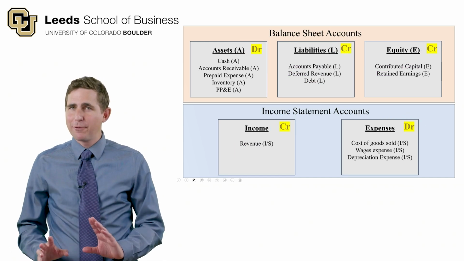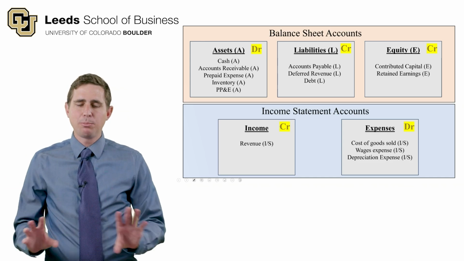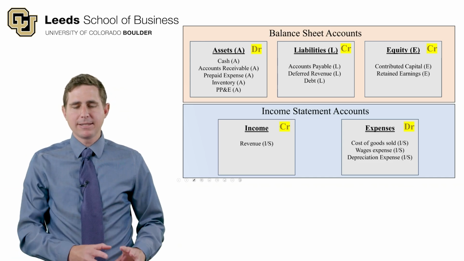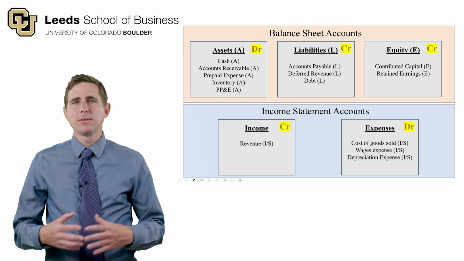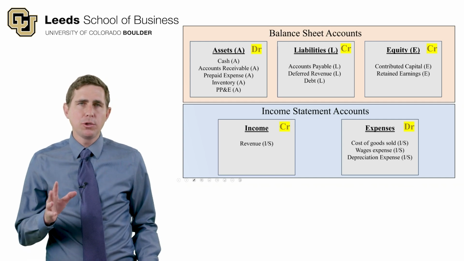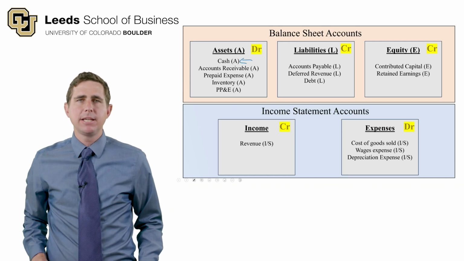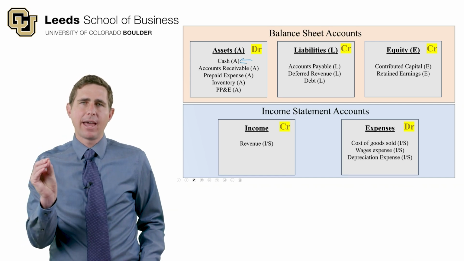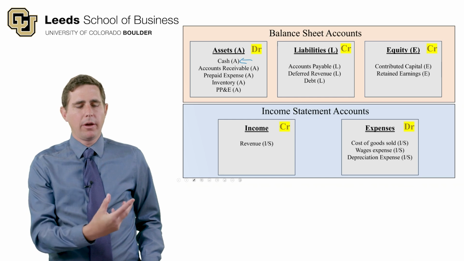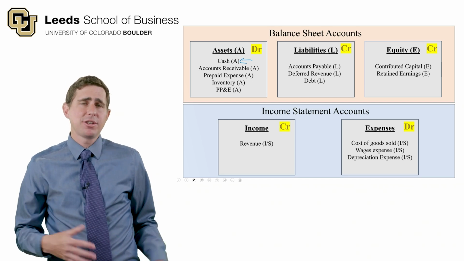And here's another reference for you where I've put all of the accounts we've talked about on this picture. Remember, here's the asset accounts, the liability, the equity accounts, income, and expenses. I'm also going to add something useful to each of these accounts. I'm going to add a little parentheses next to each account where I put the category that account fits into. So next to cash, I'm going to put parentheses A because cash is an asset.